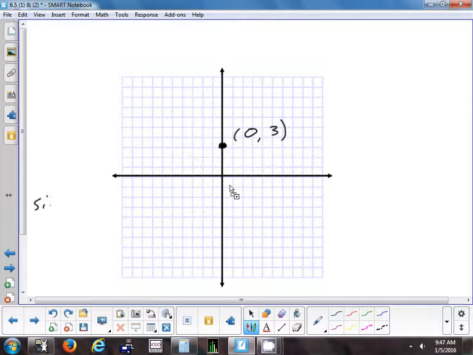Sine is just the y value. Cosine is the x. Tangent is y over x. I would just go back to thinking of it that way. Okay, that's the easiest way to do it. All right, but if it's not on an axis, that's when I draw the triangle, and then I do opposite, adjacent, hypotenuse.